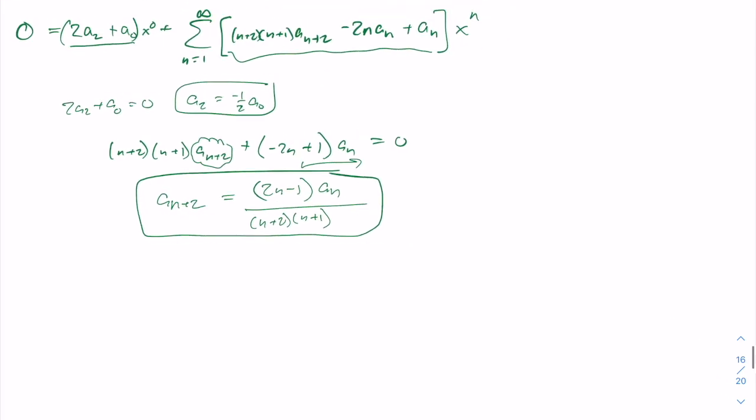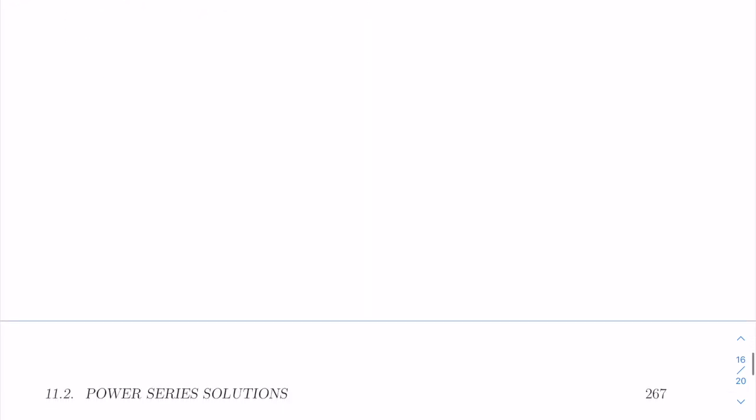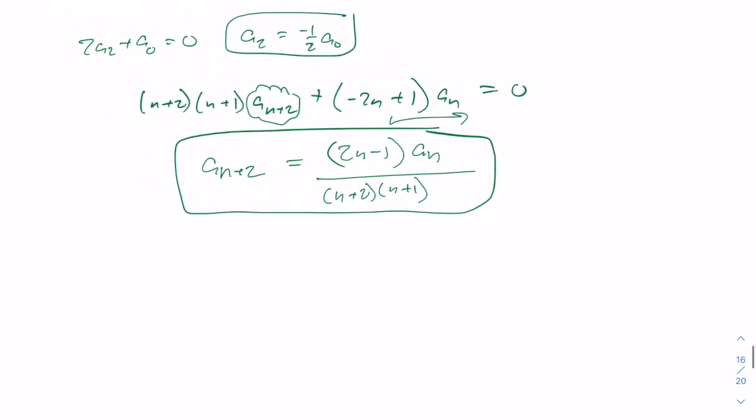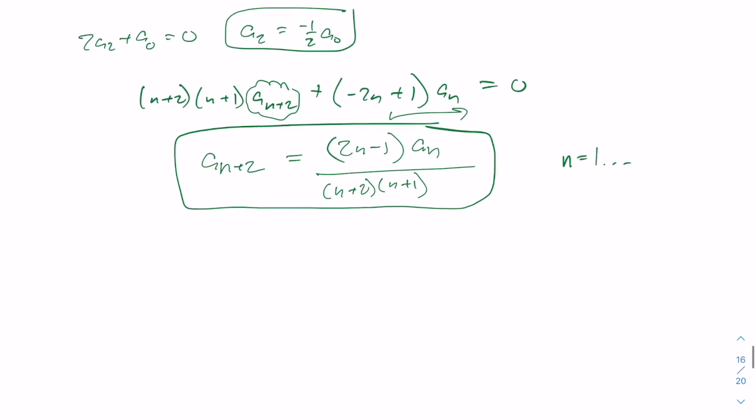And so now I just need to play the game. How much room do I have? Well, I've got plenty of room. Now I just need to play the game of what I do with all of the n's. These n's start at n equals 1 and so on. That's where that recurrence relation starts. So let's do that.